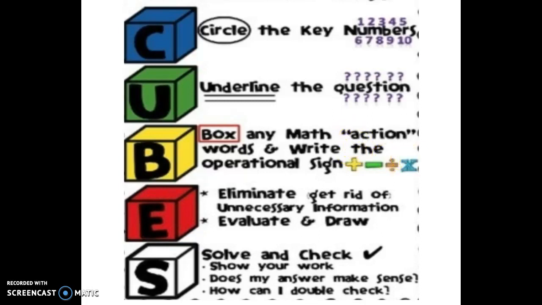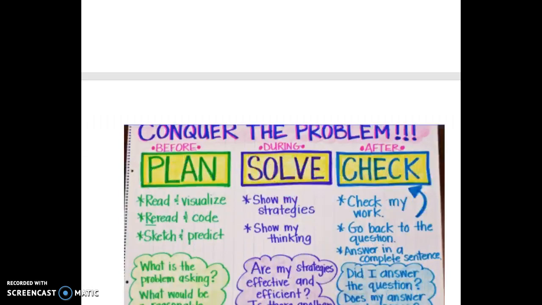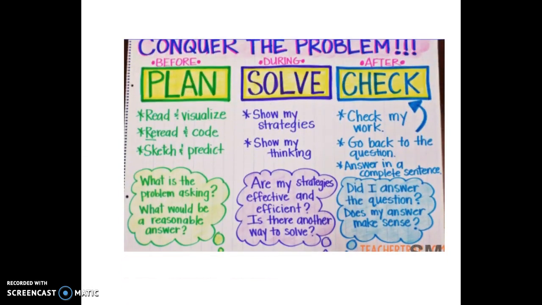Now, I told you I was going to show you another one. Here's another nice setup. Just conquer the problem. Here we've got Polya's 4-step pattern, but mixed in, right? So, plan, solve, and check. Sounds vaguely familiar, right?